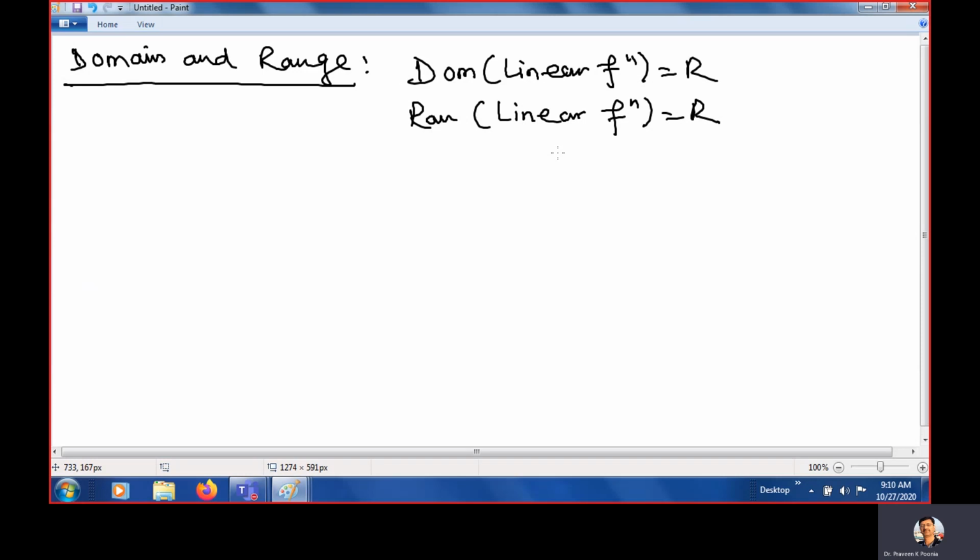Because I told you the domain is on the x-axis. The domain is the set of values over the x-axis. Range is the set of values over the y-axis. Clear? So here we will graph the function. There is no point in a linear function where we can get an imaginary answer. We always get a real answer, and for every value of x, the function f(x) is defined. Therefore the domain and range of a linear function is the set of real numbers.